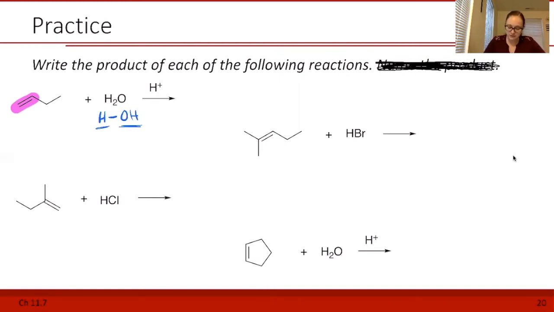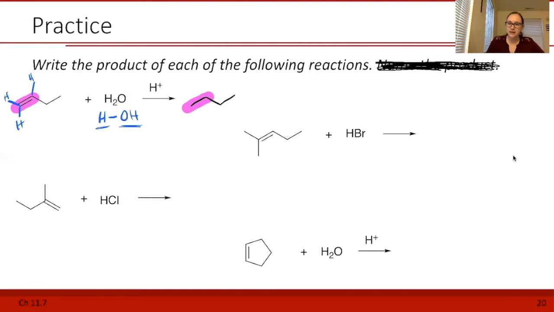So I'm going to draw my same carbon chain that I started out with, and I'm going to highlight where that double bond was. This is what I like to do. Then I'm going to look and see which side has more hydrogens, which side has less. The side with more hydrogens, let's go ahead and draw those in.